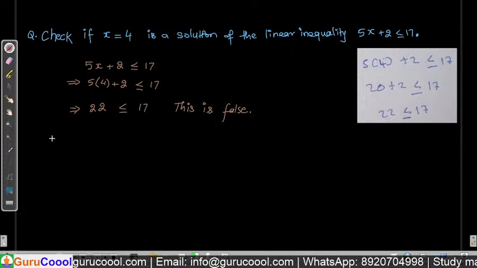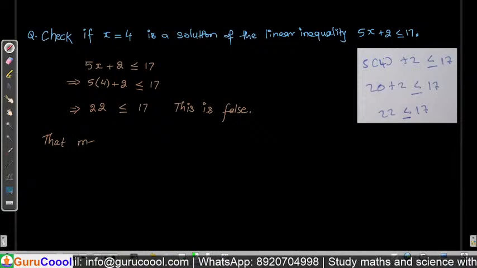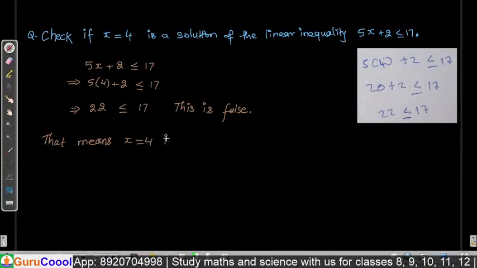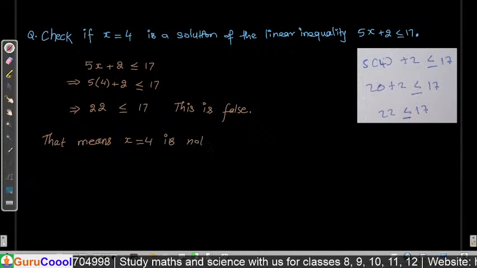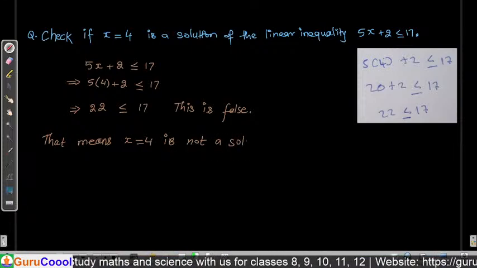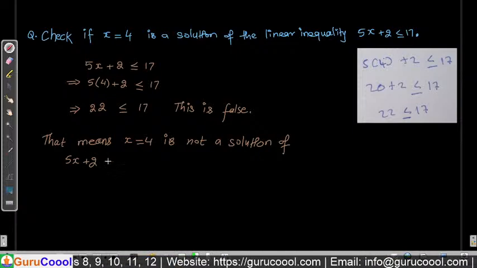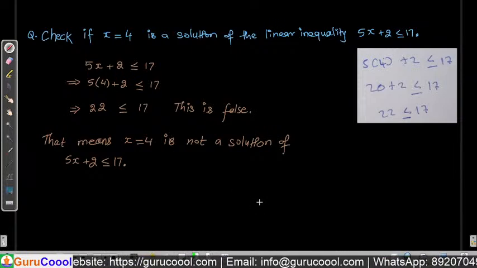This is false. That means this is the conclusion here: x equals 4 is not a solution of 5x plus 2 lesser than or equal to 17. Got it?